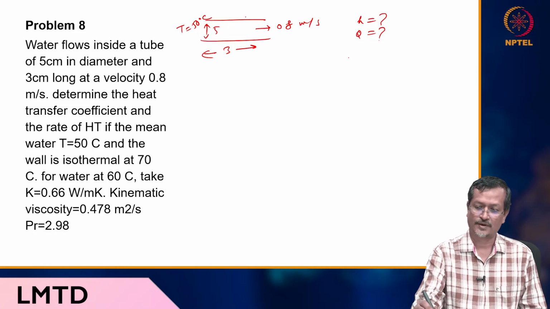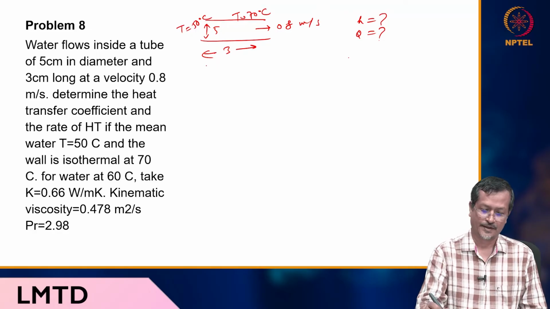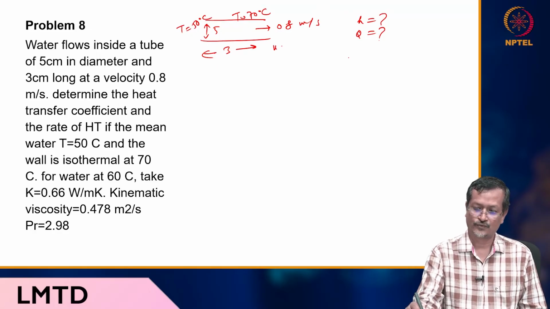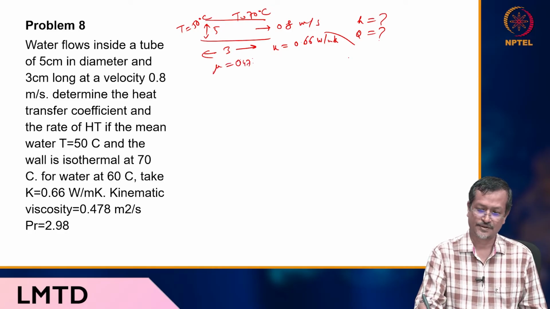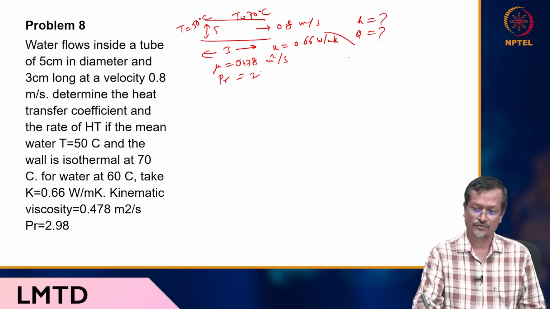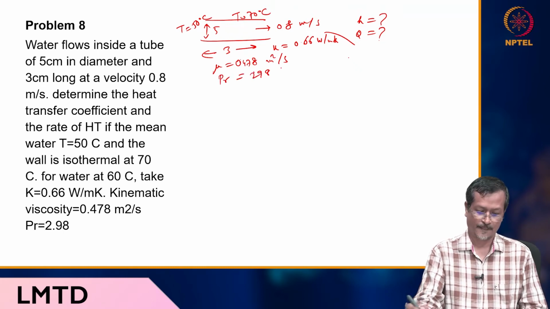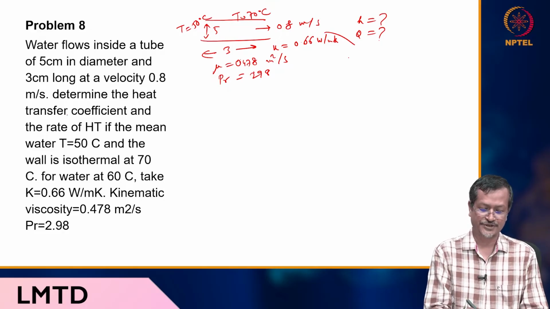Isothermal wall is 70 degrees centigrade T wall, and K value 0.66 watt per meter K. So no need to change units. Viscosity equals 0.478 into 10 to the power minus 6 meter square per second. Prandtl number also given 2.98. Prandtl number is a non-dimensional number.